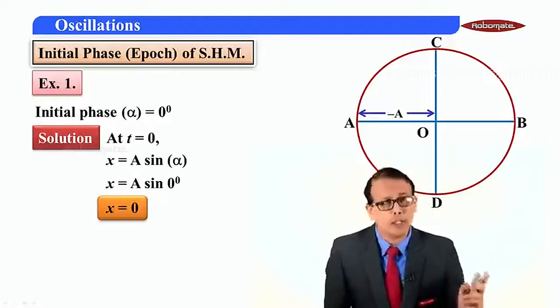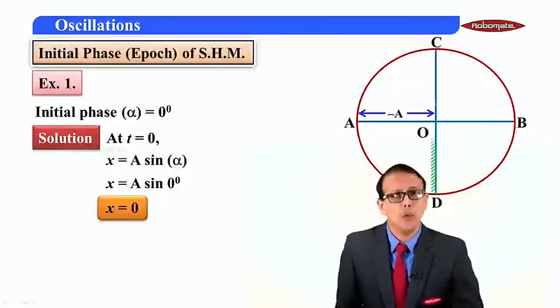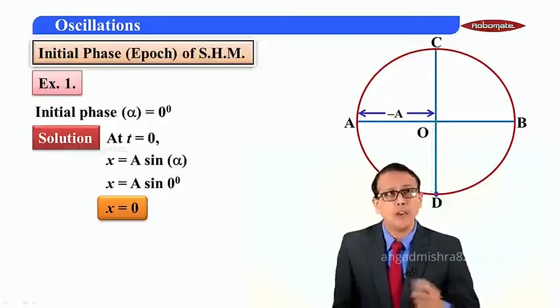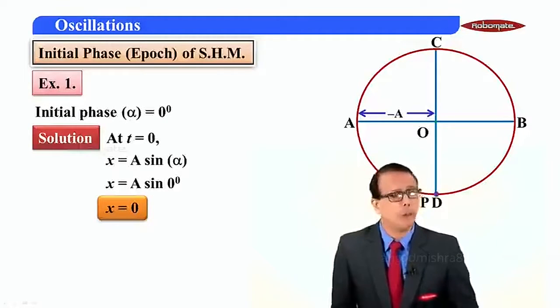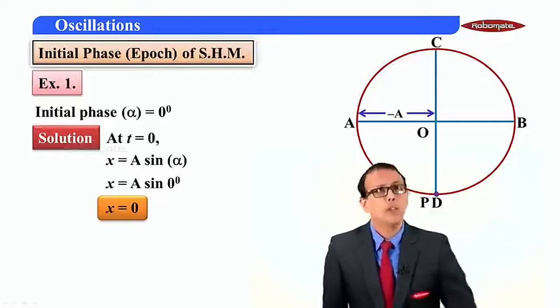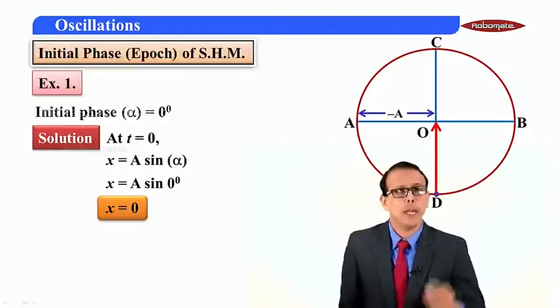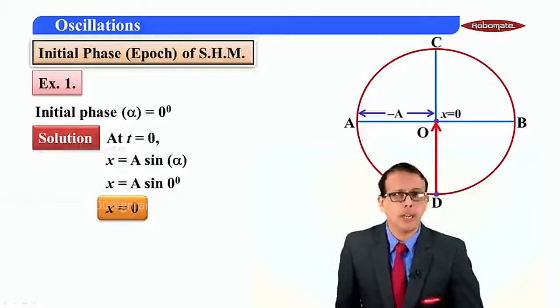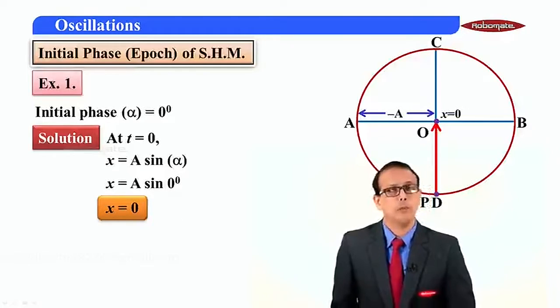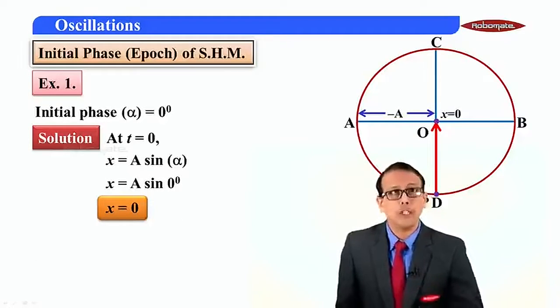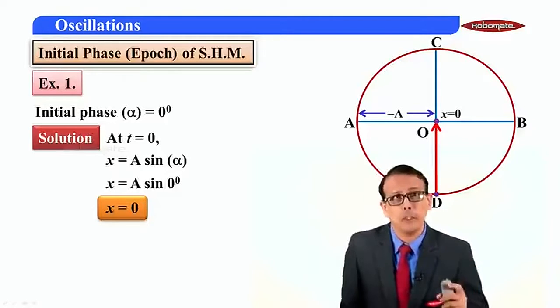Let's get back to our phasor diagram students. As you know, we measure angle from OD in anti-clockwise direction, and alpha 0 indicates that the particle is at point P. So let's draw a perpendicular, and we know this particle will be at O itself, that is displacement is 0. So when the initial phase is 0, particle is at mean position.